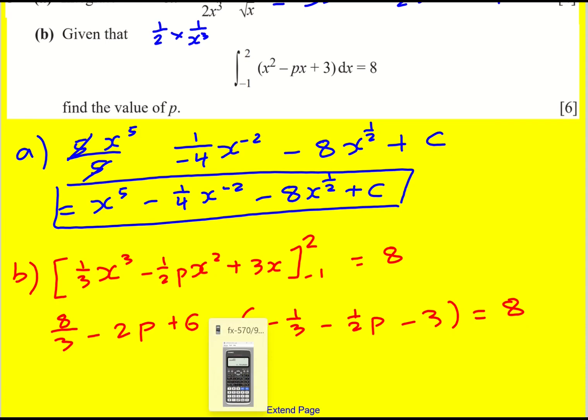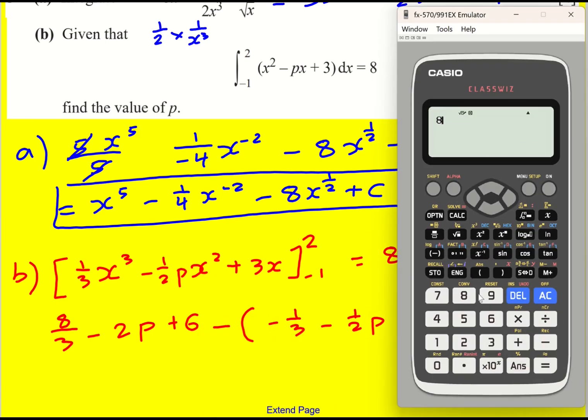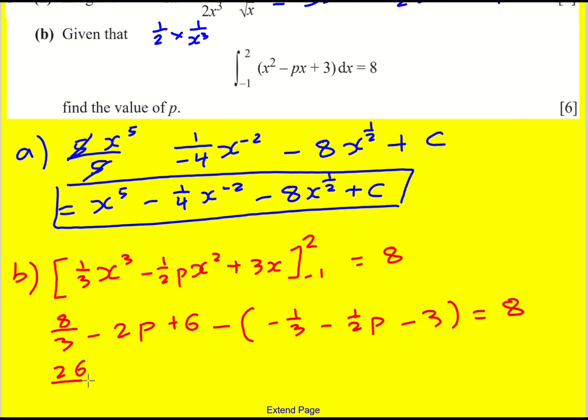Okay, I think I'll use my calculator for this next bit just to make things easier. 8 divided by 3 plus 6 gives me 26 over 3 minus 2p. And then I'm going to be adding a third, adding a half p, and adding 3. All of those ended up being negative.